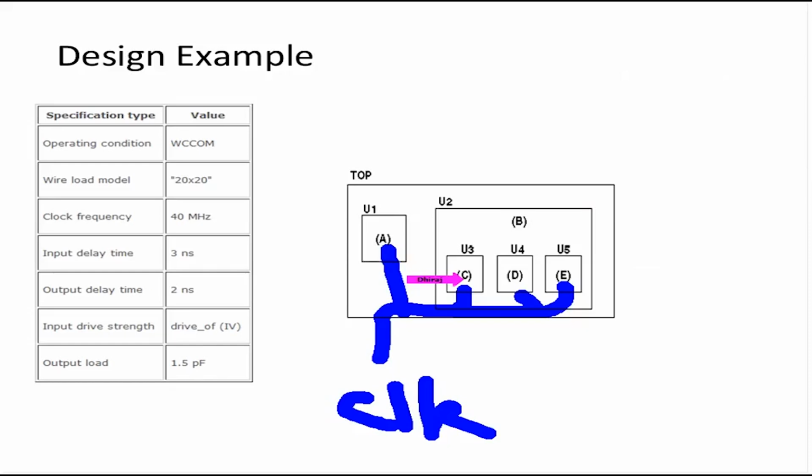DC will write out the input delays, output delays, clock information, wire load model, operating conditions, and so on. The input driving conditions, the output load conditions, because DC has the information about each of these subdesigns. So it will write out the complete constraint file for us.